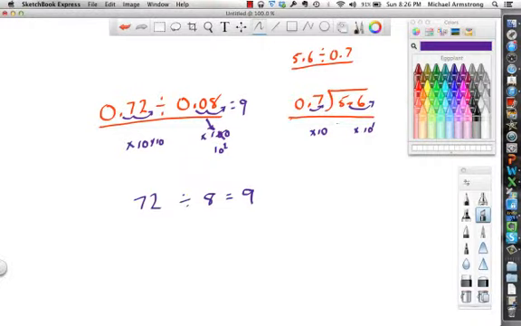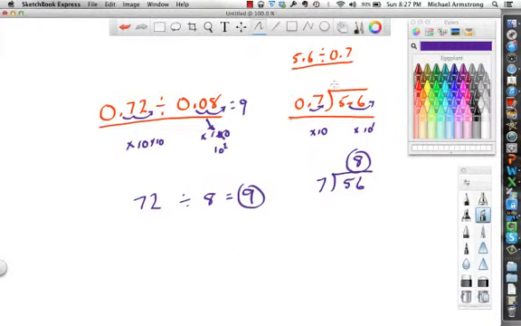So this one becomes 7 goes into 56, and 7 times 8 is 56. So the quotient is 8, okay, and the quotient over here is 9. Either way, it works out. We just have to move the decimal and move them the same amount in both the dividend and the divisor, okay?